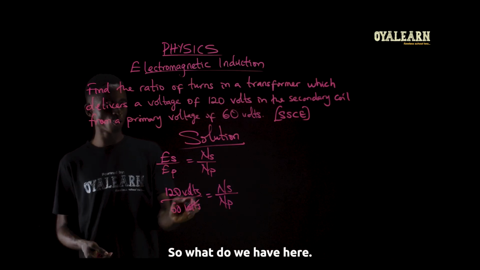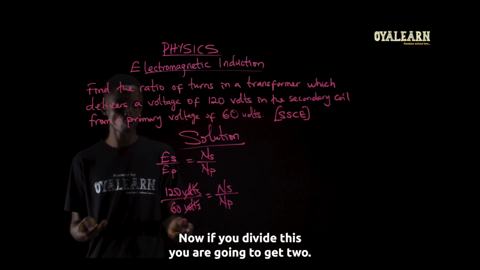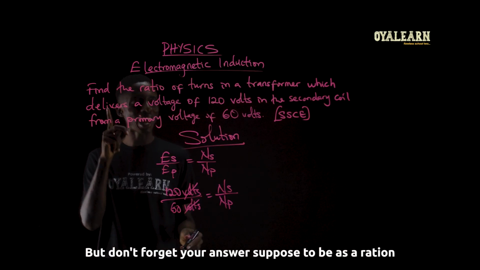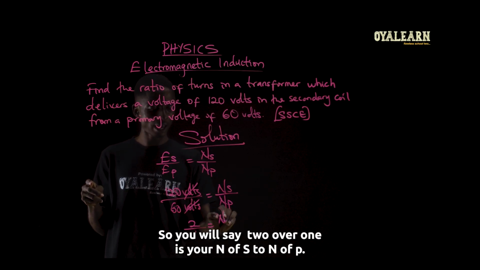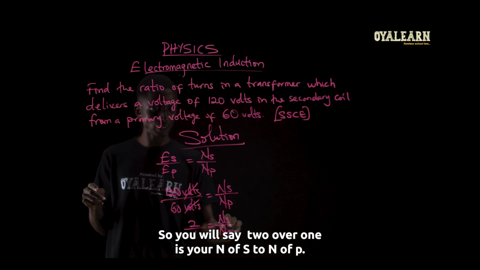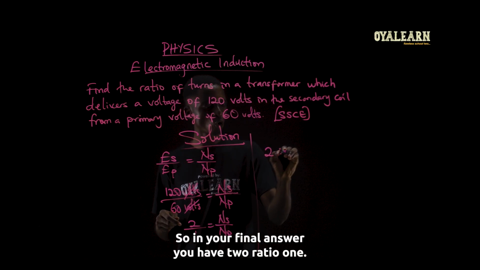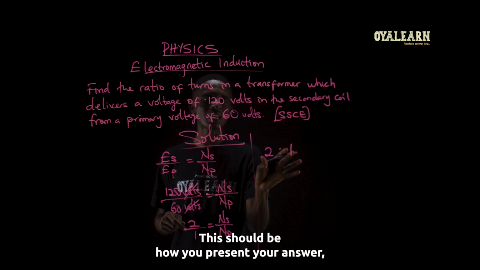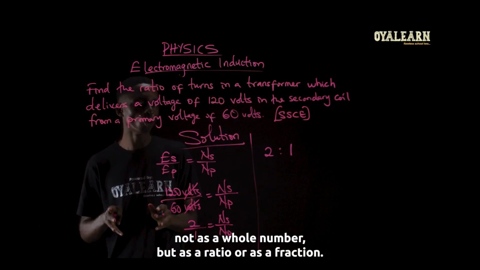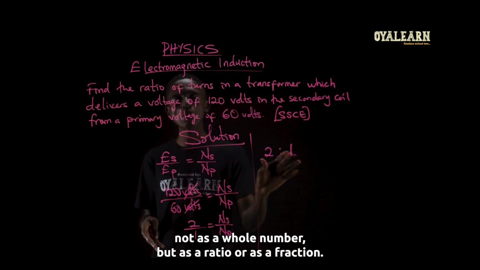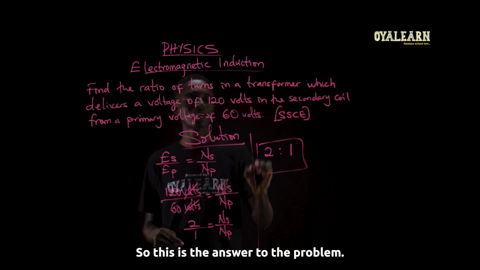So what do we have here? Volts, of course, cancel volts, and what we have is 2. Now, if you divide this, you are going to get 2. But don't forget your answer is supposed to be a ratio. So you say 2 over 1 is your N of S to N of P. So in your final answer, you have 2:1. This should be how you present your answer, not as a whole number, but as a ratio or as a fraction. So this is the answer to the problem.